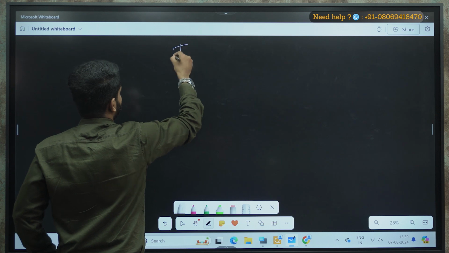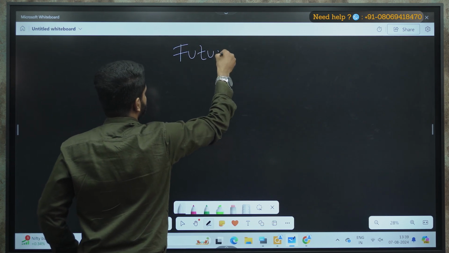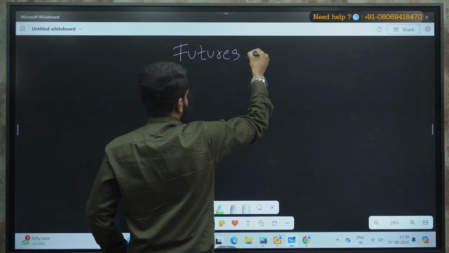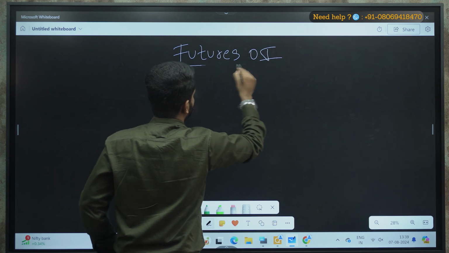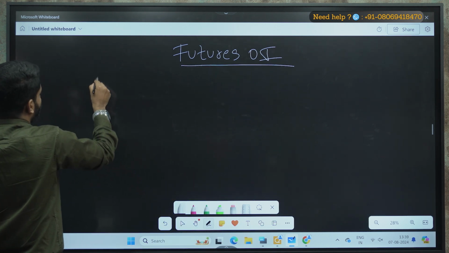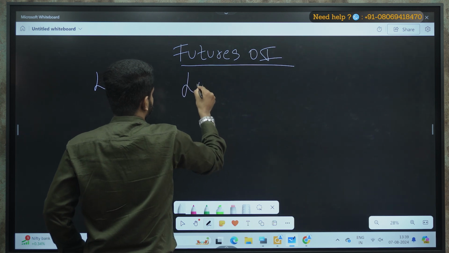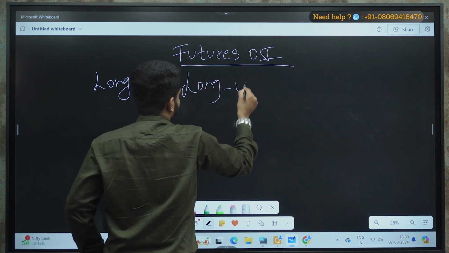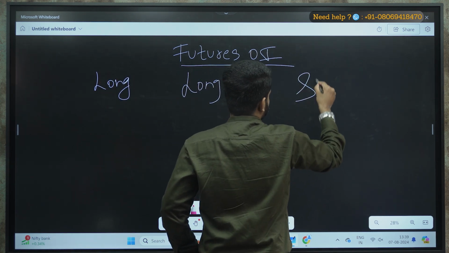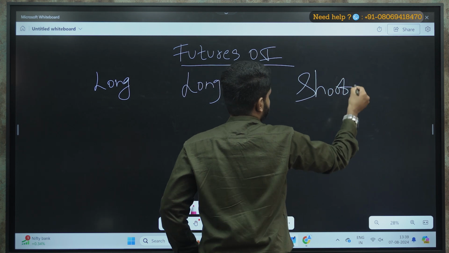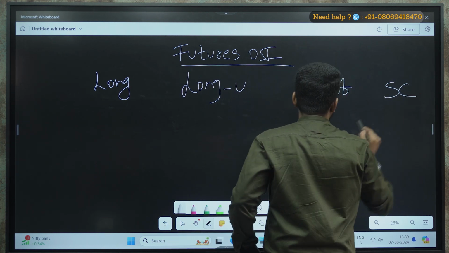Let's talk about futures OI. There are 4 built-ups, I would say: long built up, short built up, long unwinding, short covering.